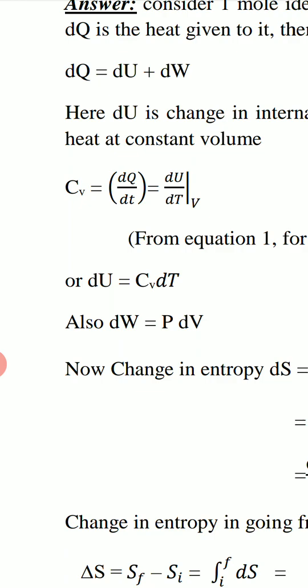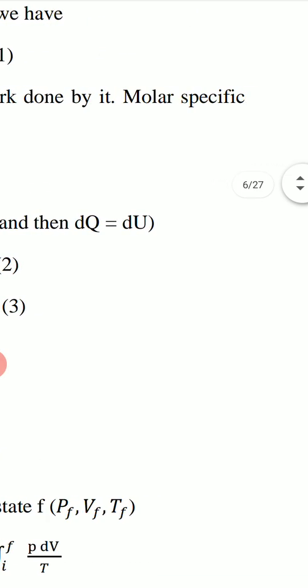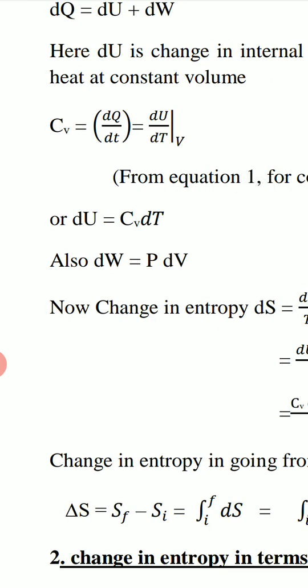Now we define Cv, molar specific heat at constant volume. Molar specific heat at constant volume, Cv, is defined as dq upon dT. Here T is capital T and it is absolute temperature, not small t, correct it.